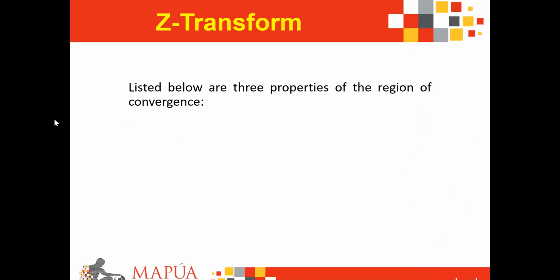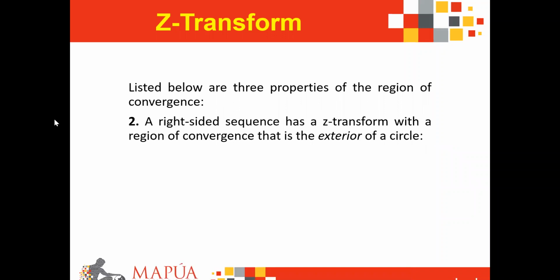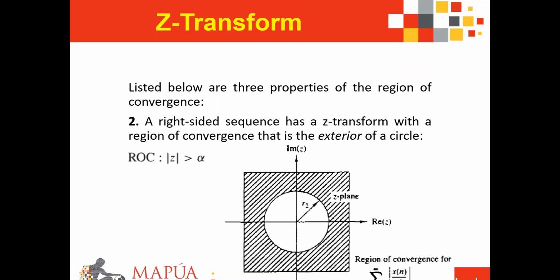The other, the right-sided sequence of the Z-transform, the region of convergence is the exterior of your circle. Basically, like this. So everything outside now.